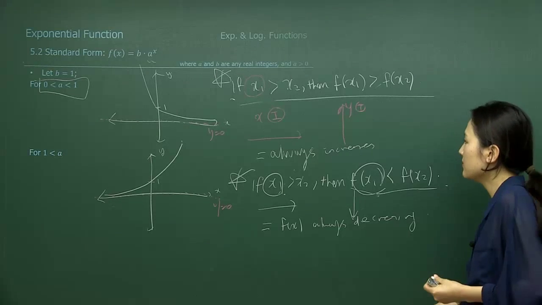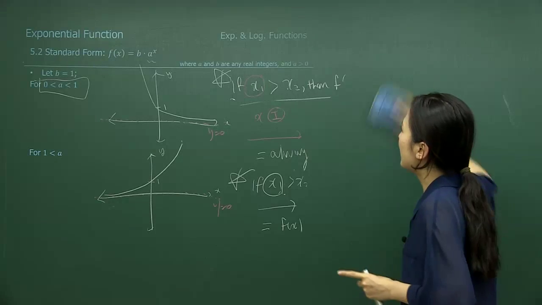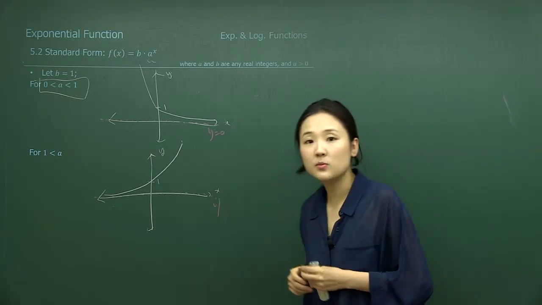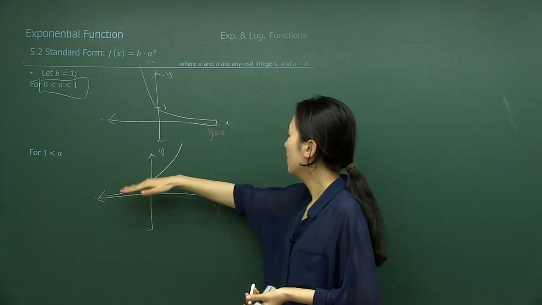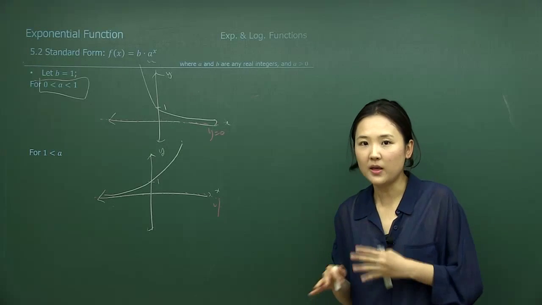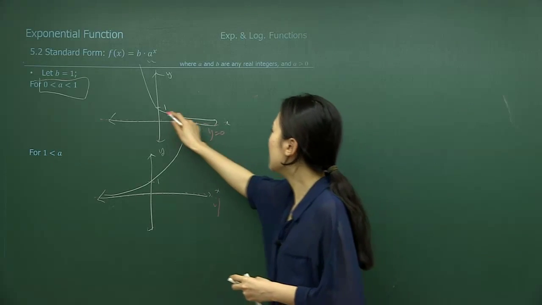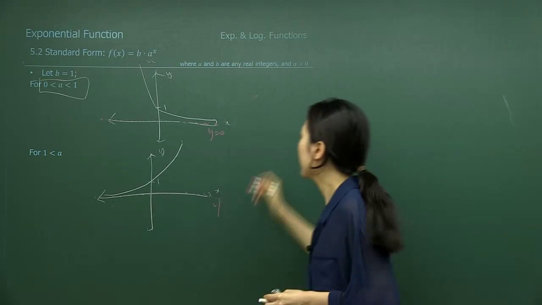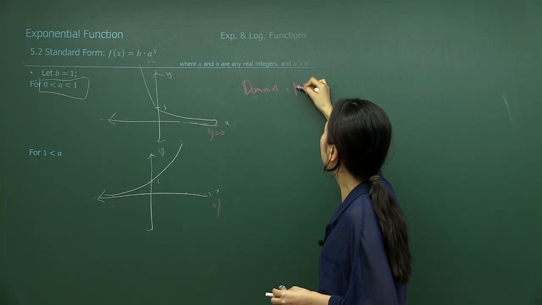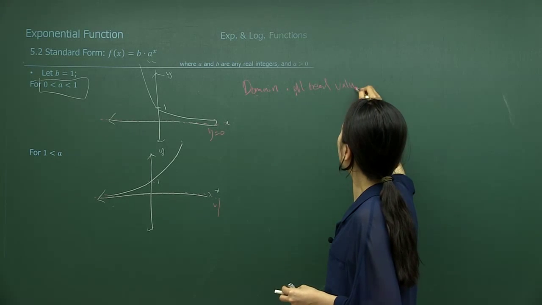Okay, all right, so again, remember what's so special about exponential function? You have asymptotes, and you know what asymptotes mean? Well, it means that your domain or range might not be all real values. In this case, as you can see, the domain is all real values. However, what is your range?